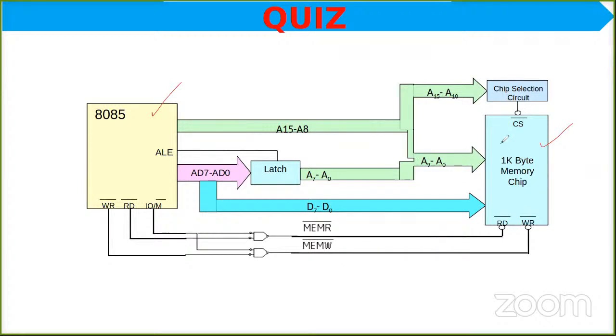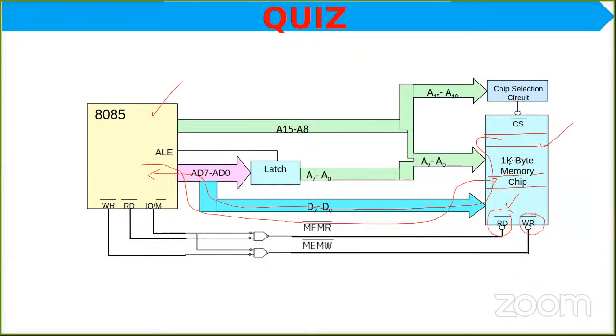Now, if I want to read data, suppose this is my memory location. If I want to read data through my data bus into my processor, then I need to make this pin high. RD bar. If you give a 0 over here, it becomes 1, and the memory knows that it has to read. If I want to write data back into my memory, into this location maybe, then I need to enable this WR bar.